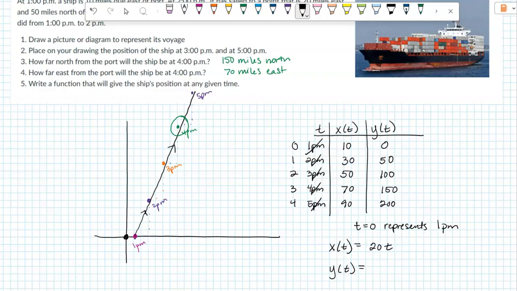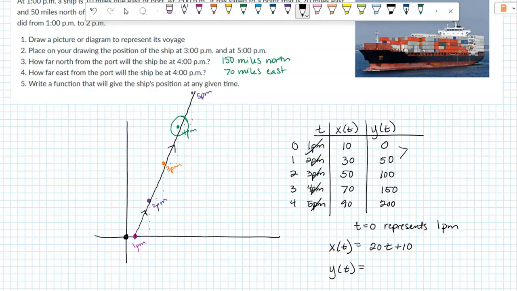Now, if I were to just take that equation and plug in 0, I would get 0. So what this really means is we have to add 10 to this to make this work. So when I plug in 0, I get 10. When I plug in 1, 20 times 1 plus 10 is 30. So that works. Then for the next one, same thing. Our time is still plus 1, plus 1, plus 1.